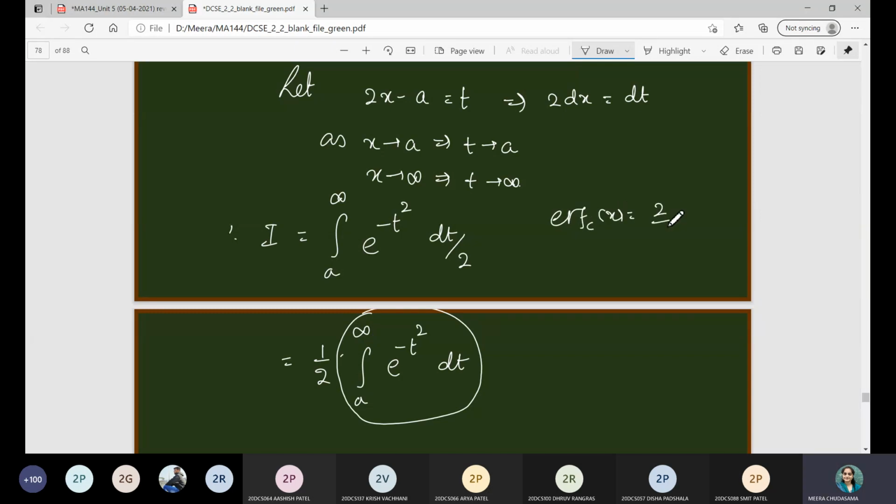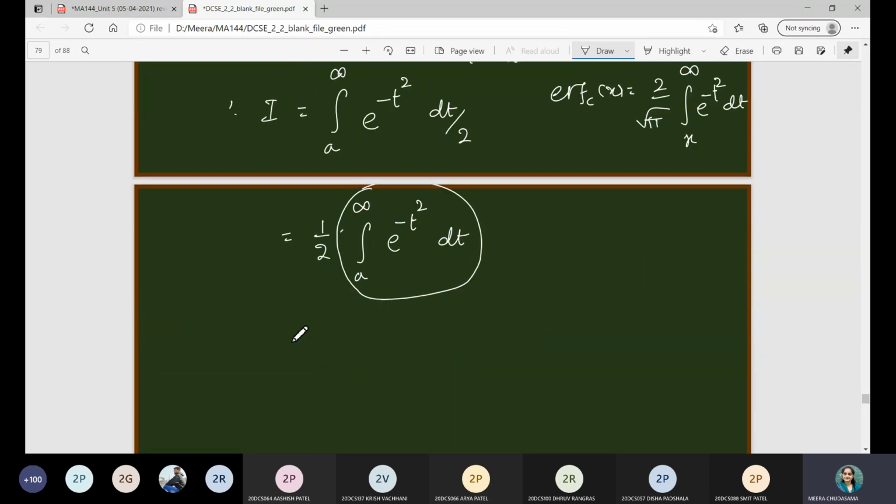It is 2 upon square root of pi integration x to infinity e raised to minus t square dt. तो आप इंटीग्रल को ऑब्जर्व करोगे तो दिस इज 1 अपॉन 2. यहाँ पर हमें स्क्वायर रूट ऑफ पाई बाई 2 मल्टीप्लाई एंड डिवाइड करना पड़ेगा.